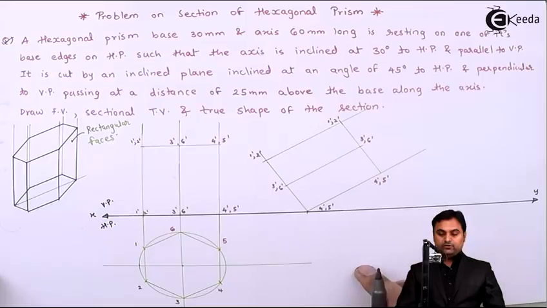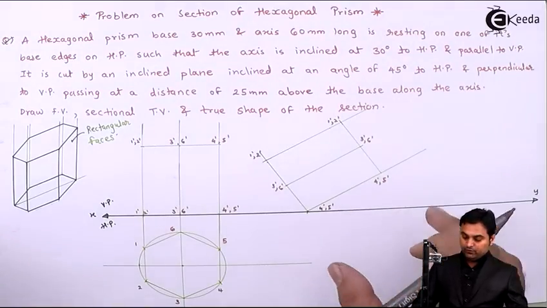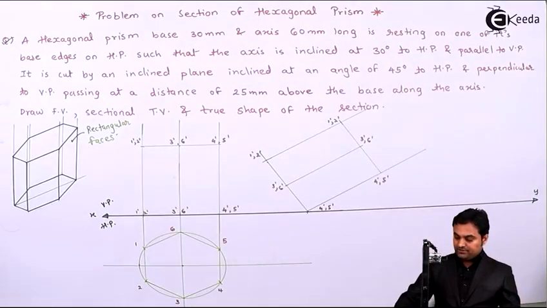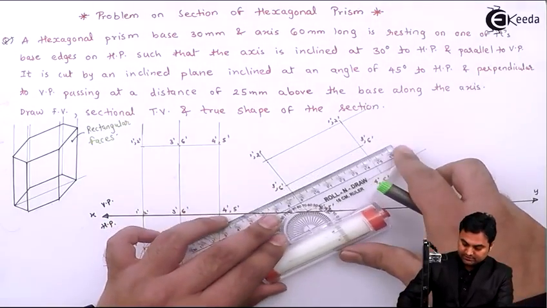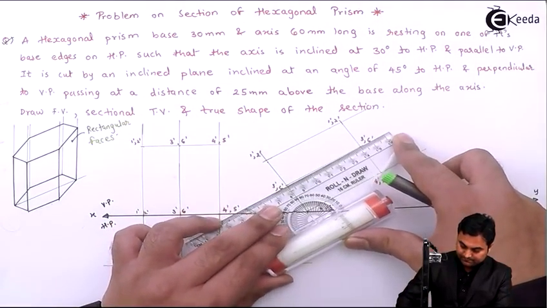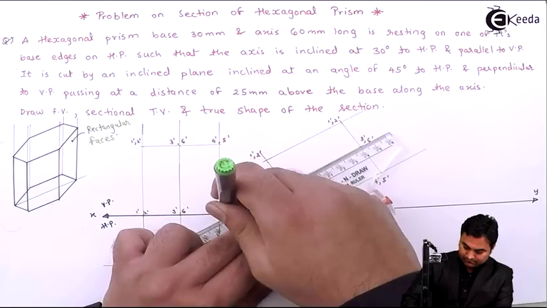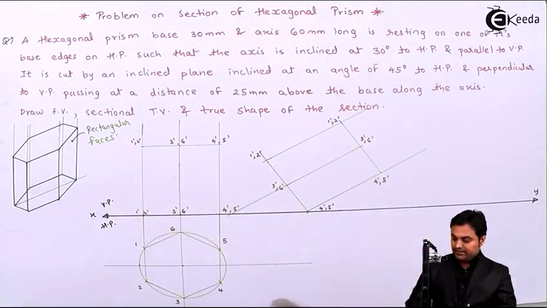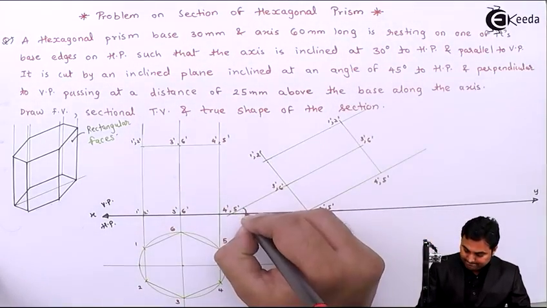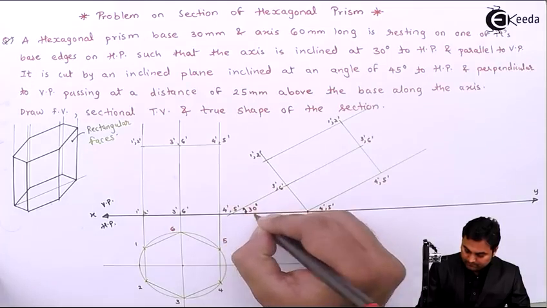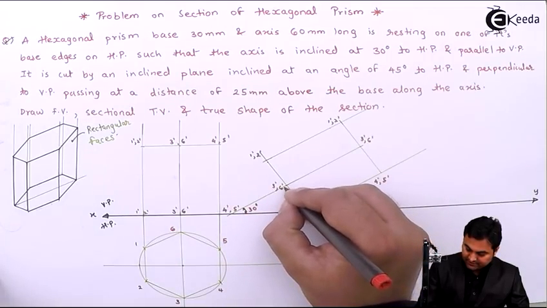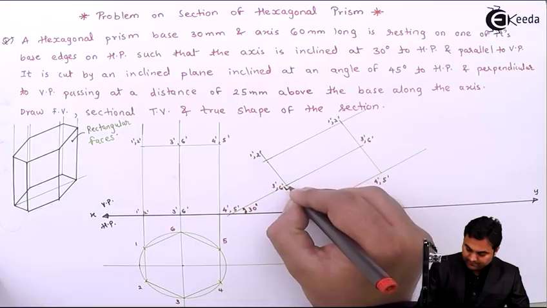Then after reaching up till here, this is the front view of that inclined prism in which the axis is inclined at 30 degree angle. Base is at 60 degree and this is the perpendicular line.